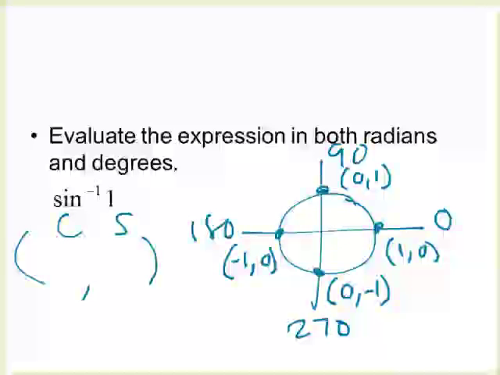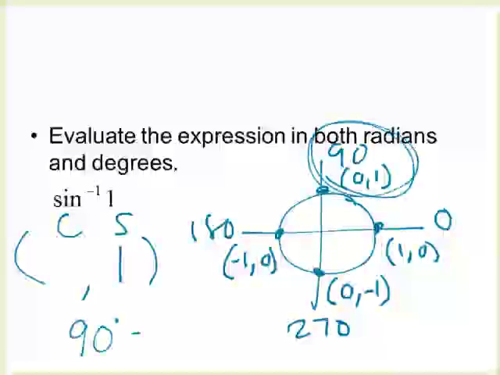So in this question, it says that the sine is supposed to be 1. So that means sine is going to be the second part of the point. 1 is the second part of the point. I don't know what the first part is, but it doesn't matter. I'm going to find the point around the circle that has the second number as being 1. So where does it happen? Up at 90. So our answer is 90.